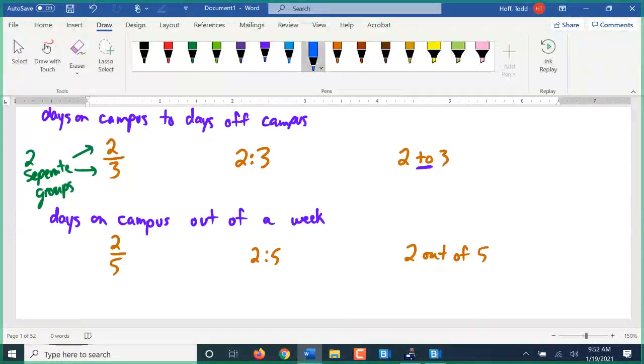So when we see this wording here, 2 out of 5, that tells us that there are other ratios implied here. One is, of course, 2 of these items, 2 parts of this setup meet the criteria that we're focusing on, out of 5 total. So this is what we're focusing on, the 2, and 5 is the total.